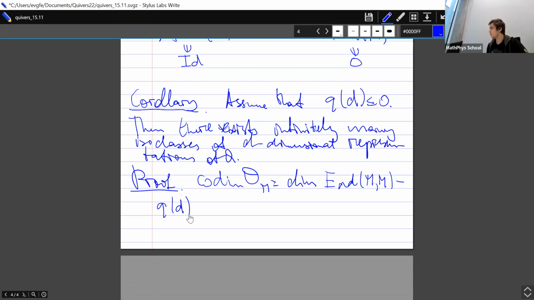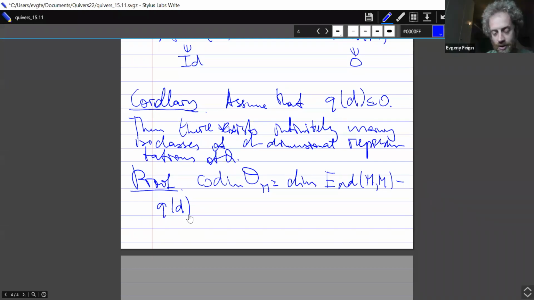Then we have a continuous family of non-equivalent representations, since we can't cover all of E of D by a finite number of orbits of codimension more than 0.